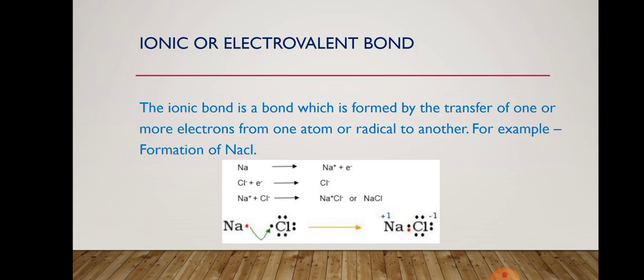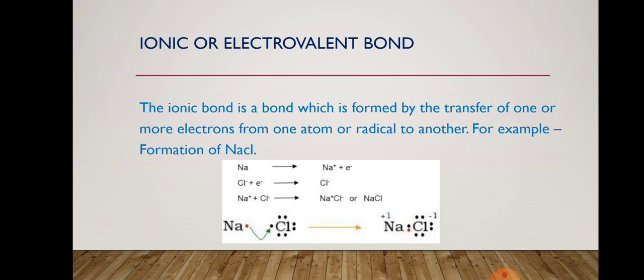Now, I would like to discuss ionic or electrovalent bond. The ionic bond is a bond which is formed by transfer of one or more electrons from one atom or radical to another.